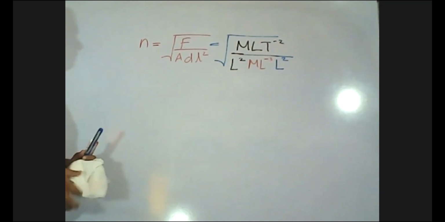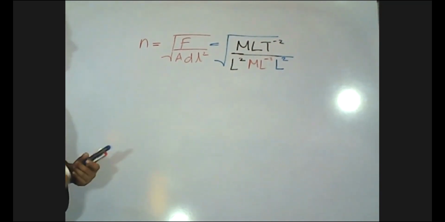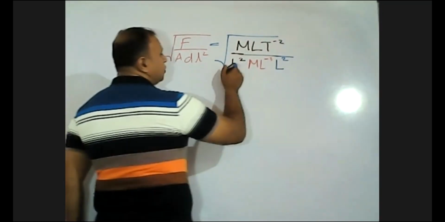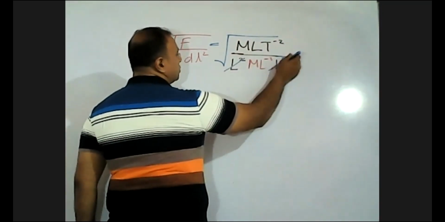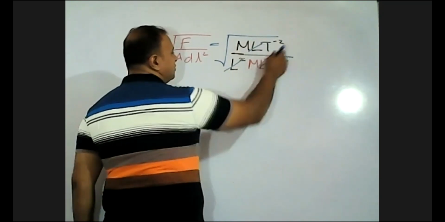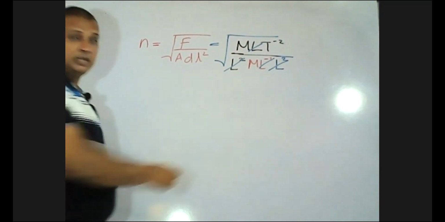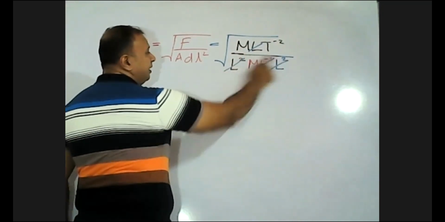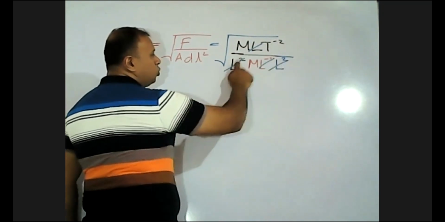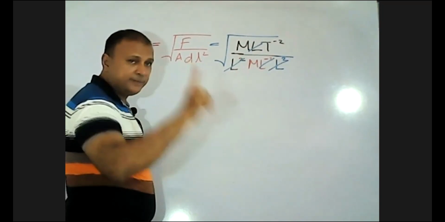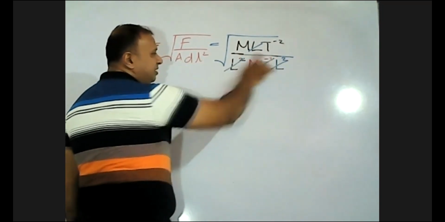Now you can simplify this thing. How to simplify? Look at this. L squared, and this one we cancel out. If you simplify, 2 and 2, 2 plus 2, 4, minus 3 is 1.